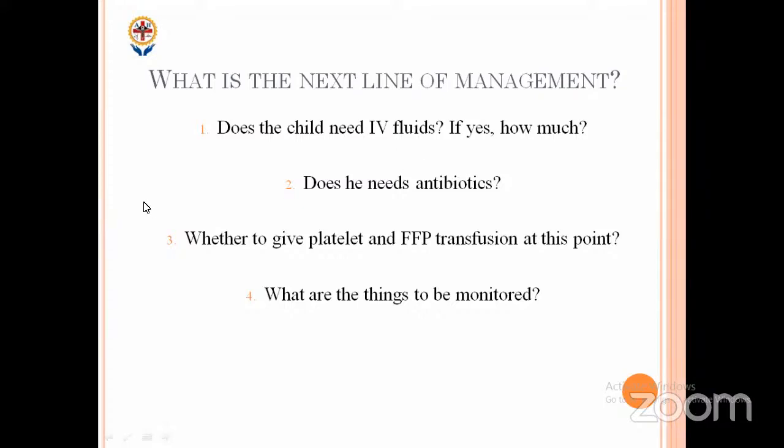Half maintenance, full maintenance, 1.5 times maintenance? No one is managing dengue right now. Leave alone dengue. Any child admitted with these findings, what will we do normally?